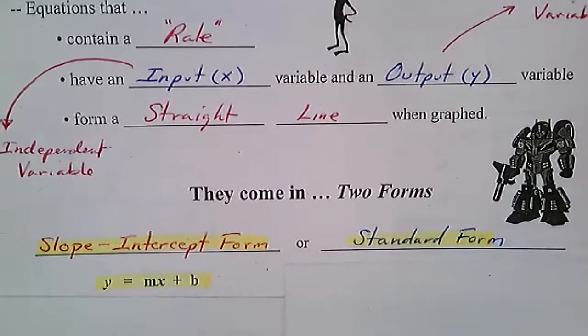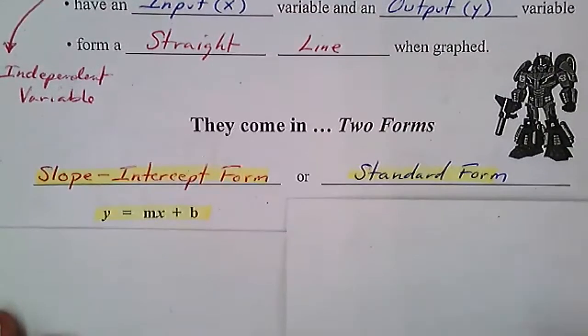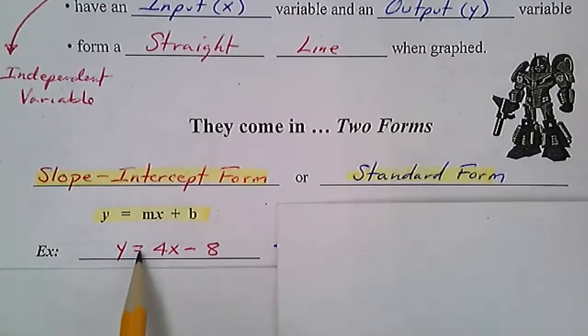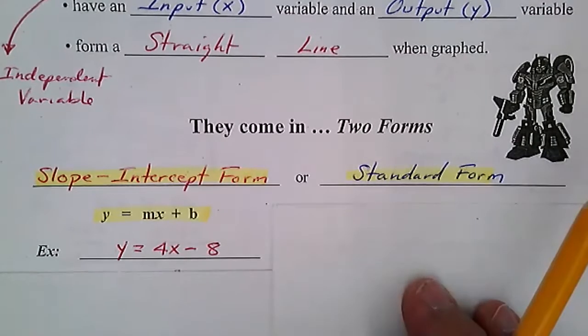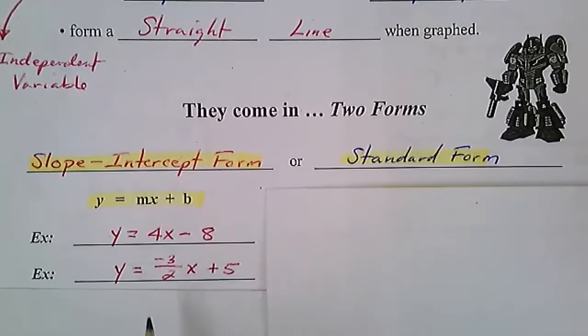So slope-intercept form comes in the format y is equal to mx plus b. Y is equal to mx plus b. So let me give you an example. Here's an example. So y is equal to mx, and then here's our plus b. It happens to be a minus. Okay. Here's another example right here. This is a different example.